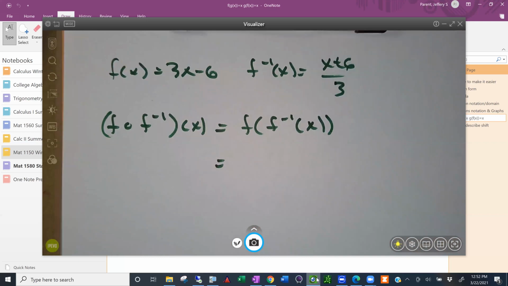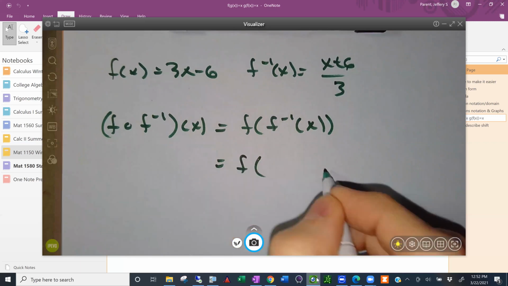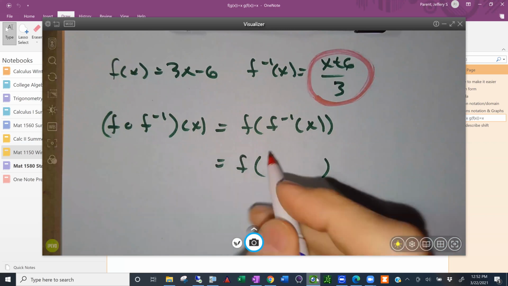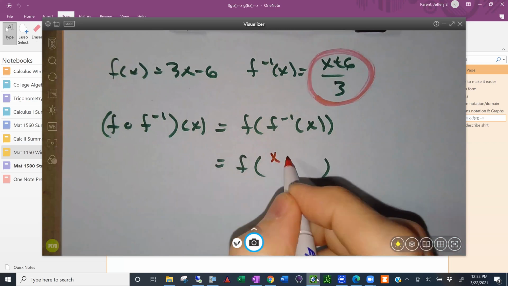Now in the WebAssign homeworks and preview that you're going to look at, it'll run you through the problem like this. It'll say, all right, well, start out by giving me f of something. What you have to realize is they want you to replace f inverse of x. Well, that's that whole expression there. So I'll put that in, I'll do it in red, (x plus 6) over 3.